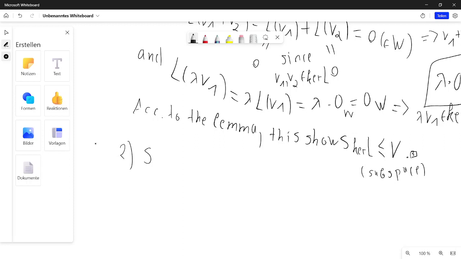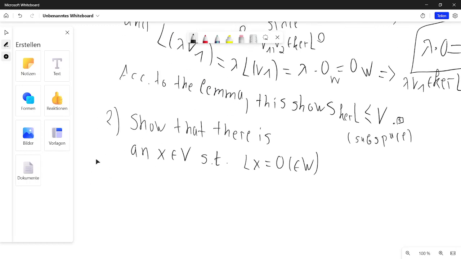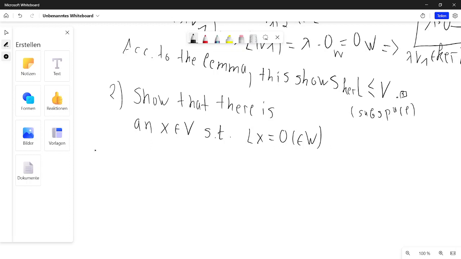Just show that there is an element x in V such that Lx is equal to 0 in W. We have to show that 0 is in the image, right? And for that we have to find an x that is really mapped to 0 by L.